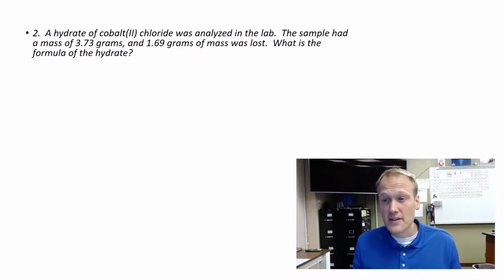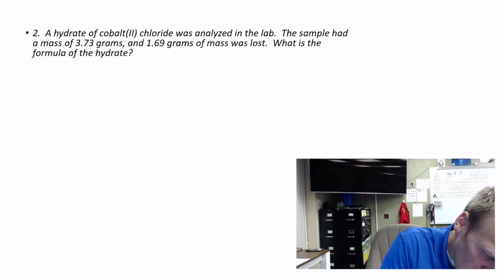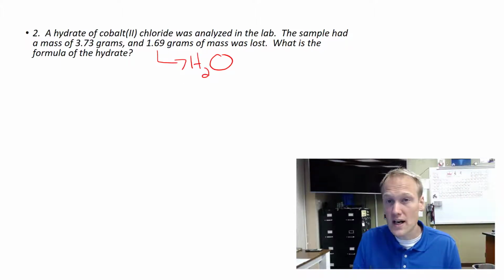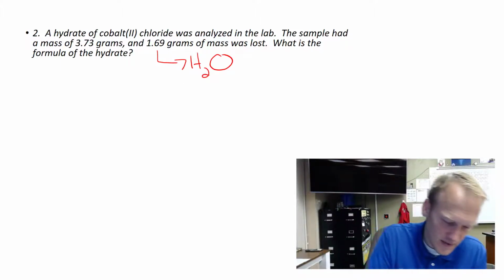Here's another example that's got some lab data. We have a sample of hydrate at 3.73, and then we heated it and drove off 1.69 grams of mass, which would have been the water. So right now we know that this is the amount of H2O, because when you heat a hydrate, the water evaporates.